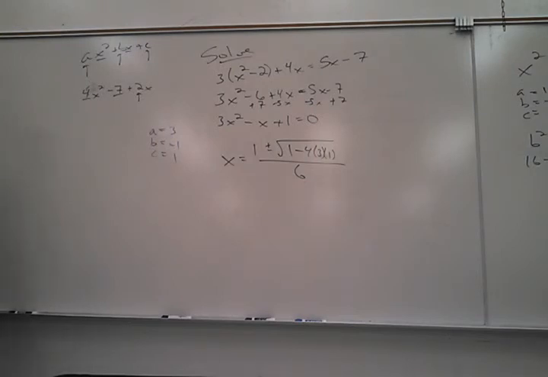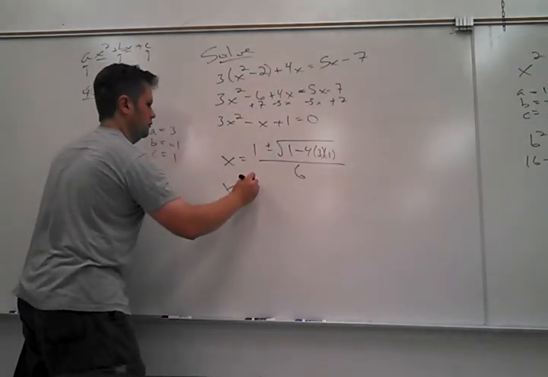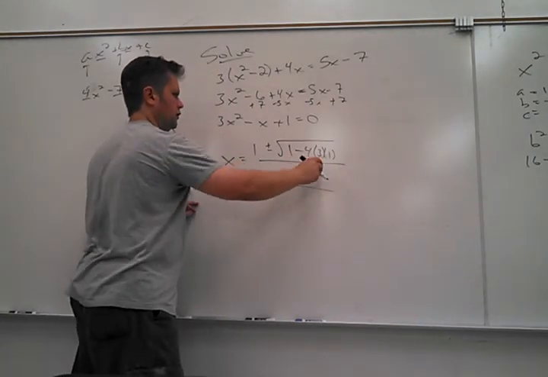So we're going to get real or complex answers here. Complex, I love it. So x equals negative 1 plus or minus the square root of 1 minus 12.